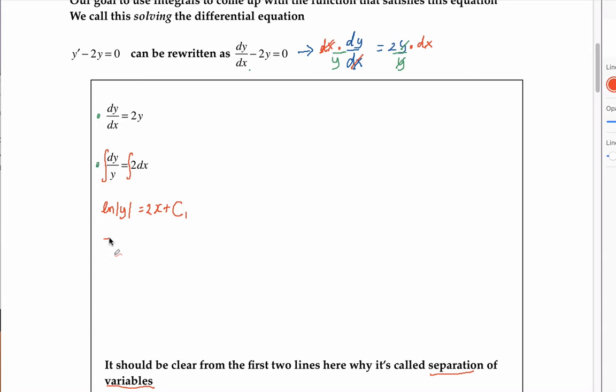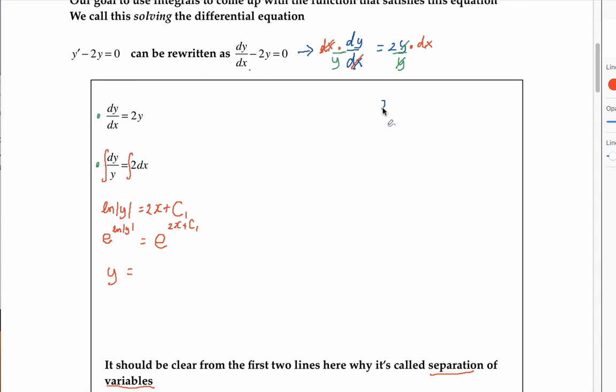Now what I'll do is take e to the natural log of y on this side, and then e to the 2x plus c1 on the other side. And so e to the natural log of something is y, and here I'm going to use the rule of powers.